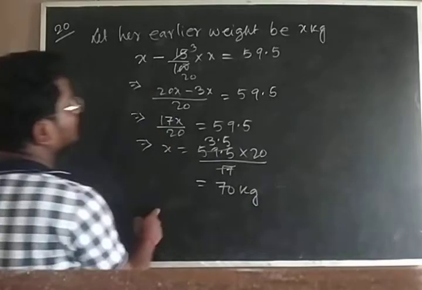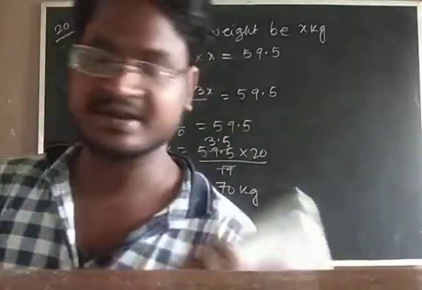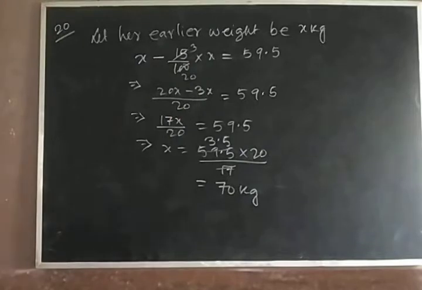Therefore, we have to write her earlier weight was 70 kg. Her earlier weight was 70 kg. Okay.